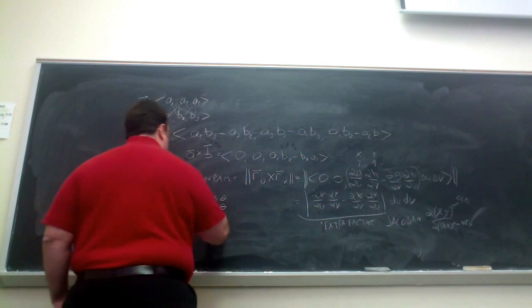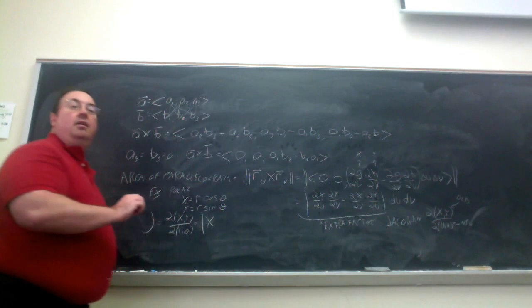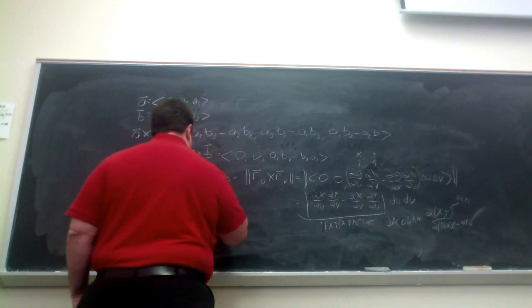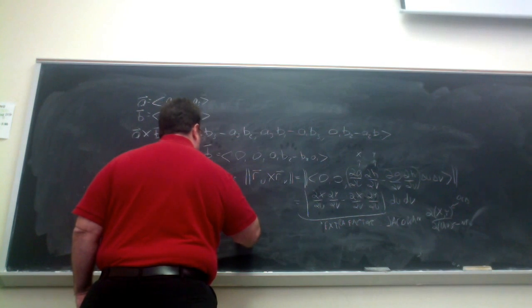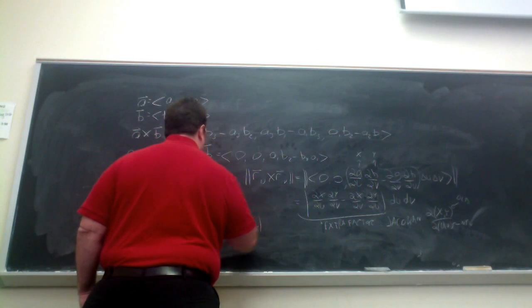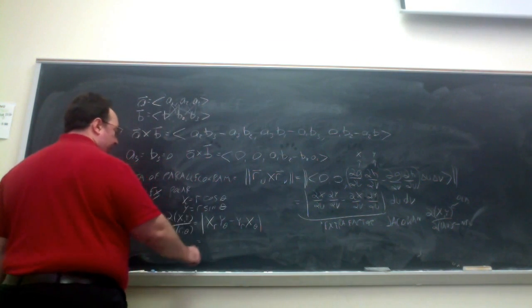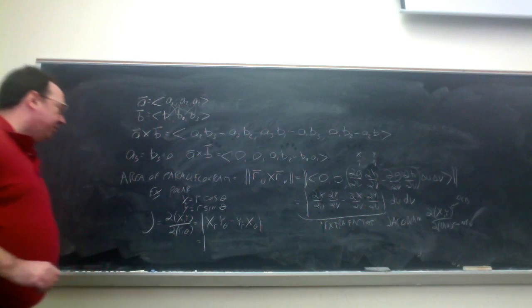So that'd be x with respect to r, y with respect to theta, minus y with respect to r, x with respect to theta. So what is the derivative of x with respect to r?